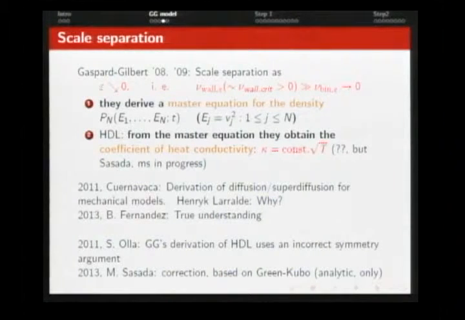But Stefano Olla explained to me, at least in 2011, that their derivation of the heat equation uses a symmetry argument which is not correct. So this also shows that mathematical understanding is the true understanding, because on the physical level you can make mistakes.